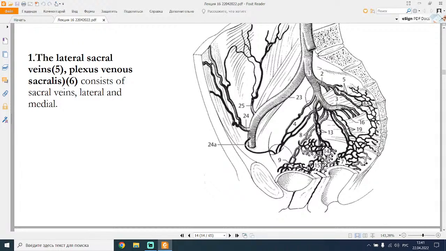This is the lateral sacral veins, venae sacrales laterales. And you see the plexus venosus sacralis, which consists of the sacral veins, lateral and medial, the plexus venosus sacralis.